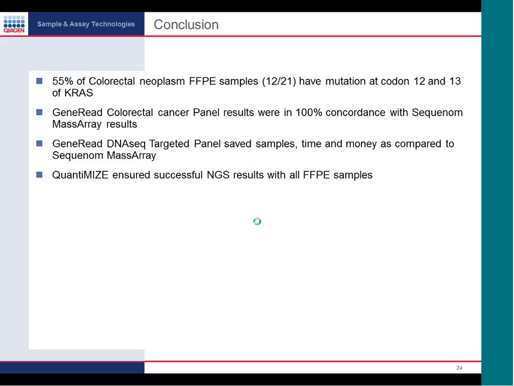However, importantly, although the results are in 100% concordance, the important part here is that by using these targeted DNA-seq gene panels, the customer has saved their precious sample as well as time and money as compared to the Sequenom MassARRAY. And finally, the QuantiMize kit has ensured successful NGS results with all the FFPE samples.